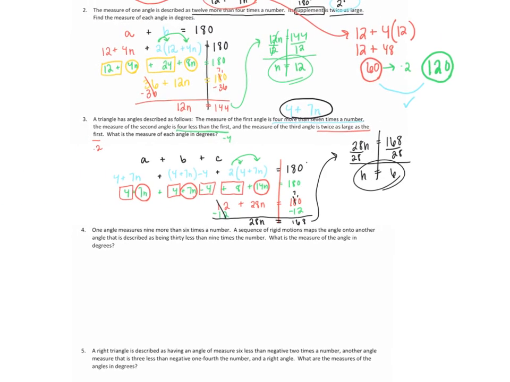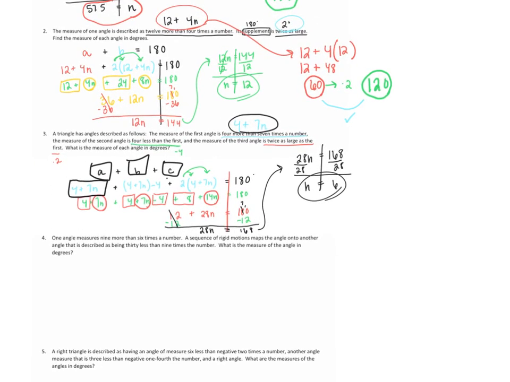I have to figure out what each of these angles were. Okay? I'm going to start with my first angle, 4 plus 7n. So 4 plus 7n is now 4 plus 7 times 6. This becomes 4 plus, what is 7 times 6? 42. 42 plus 4 is 46.